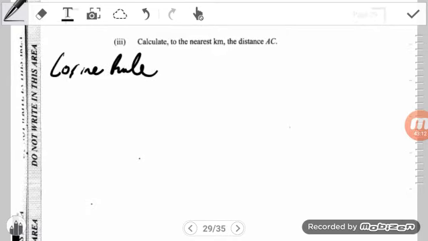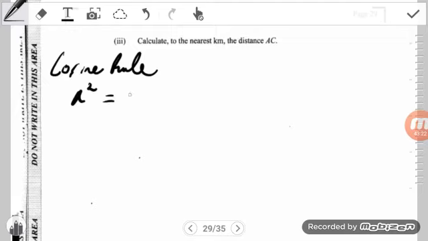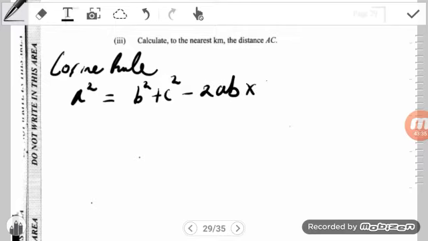The cosine rule is pretty much saying that the square on the unknown side, or we're going to call the unknown side a, is equal to the sum of the squares on the two sides that you know, minus 2 times the product of the two known sides multiplied by the cosine of the angle created by the two known sides.